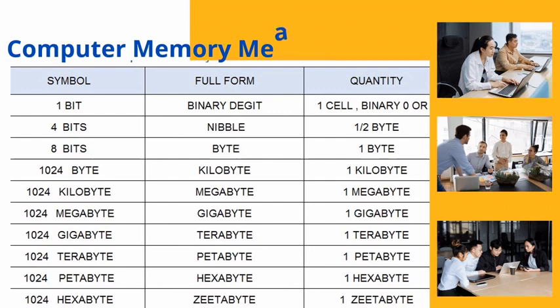Then after the byte we have the kilobyte, which is 1,000 bytes, and then we have megabytes, gigabytes, terabyte, petabyte, and the biggest of them all in terms of measurement capacity is called zettabyte. Meaning, for data to be measured in zettabytes, it has to be huge data.